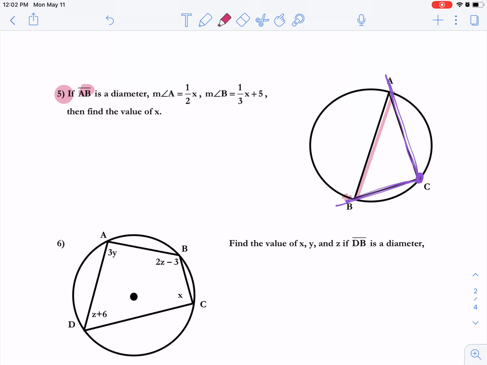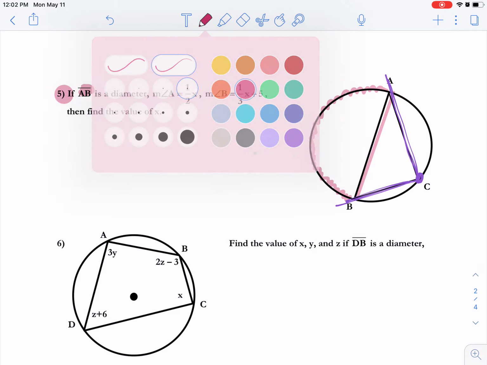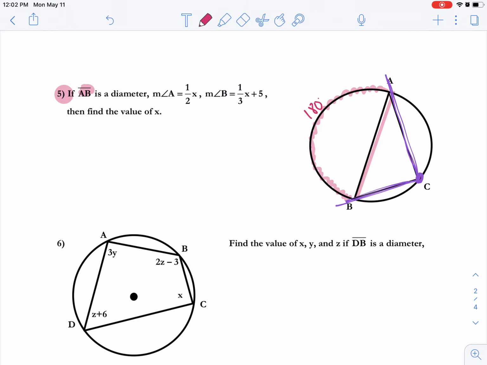That means this arc is a semicircle, and semicircles have a measure of 180 degrees. So the inscribed angle that eats that arc should be half of the arc measure. So half of 180 is 90. And so that's a theorem that says that if there's an inscribed angle that intercepts a semicircle, then it's going to be a right angle. So we do have a right angle there.